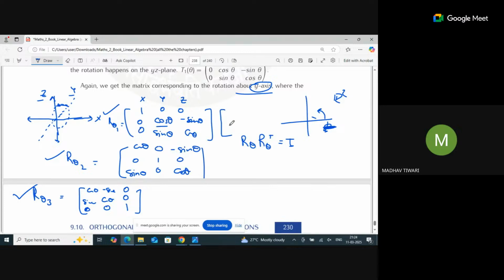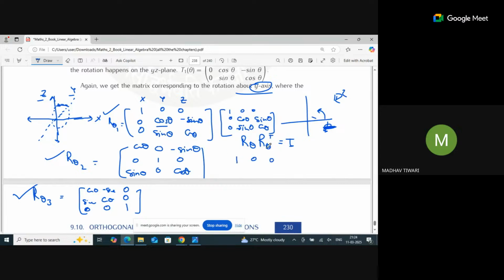I am doing it for x, and you can solve it for the other two by yourself. So I multiply it by 1, 0, 0, 0, 0, and cos theta, sine theta, and sine theta, minus sine theta, sorry, cos theta. What I will get here: first row multiplied with first column will be 1. First row with second, 0.